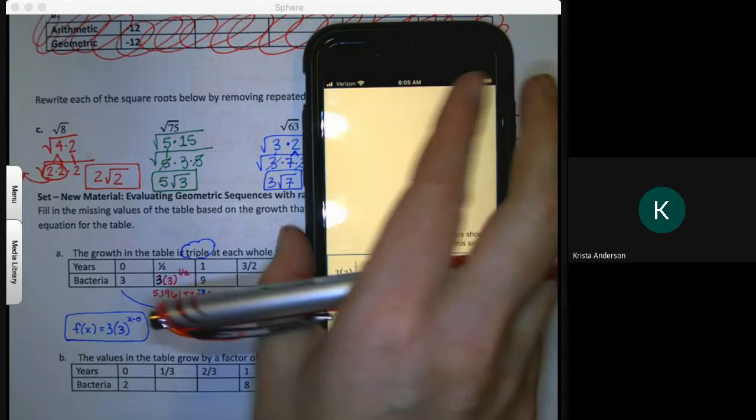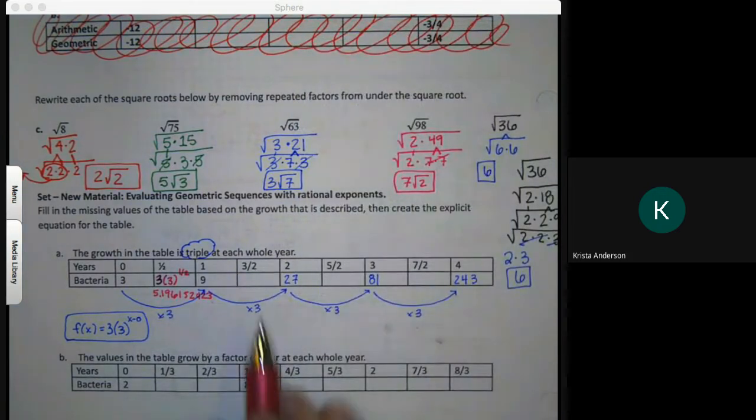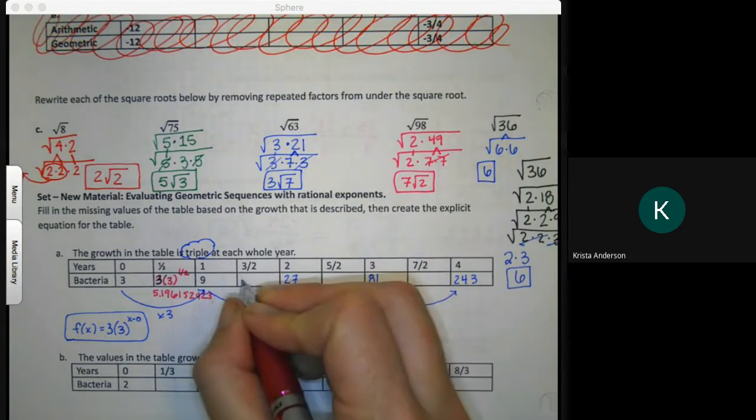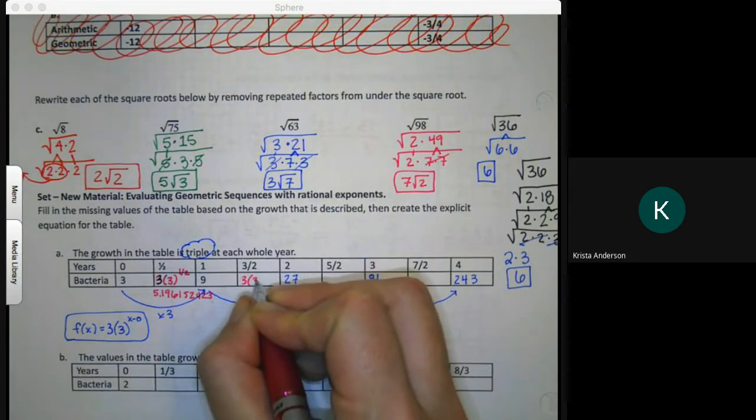So, who thinks they know what I would type in right there? Do you have it in your head what you're thinking what it should be? I'm going to write it and let's see if your idea matches.